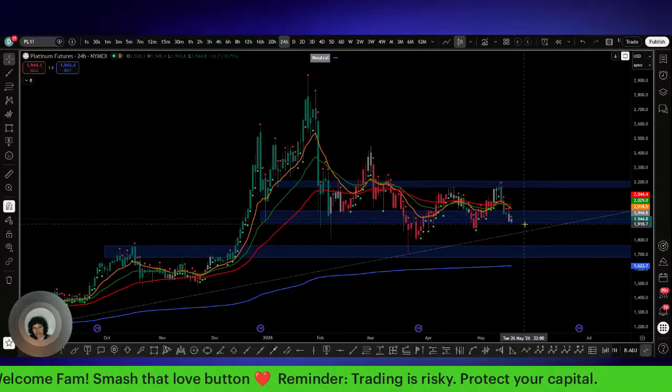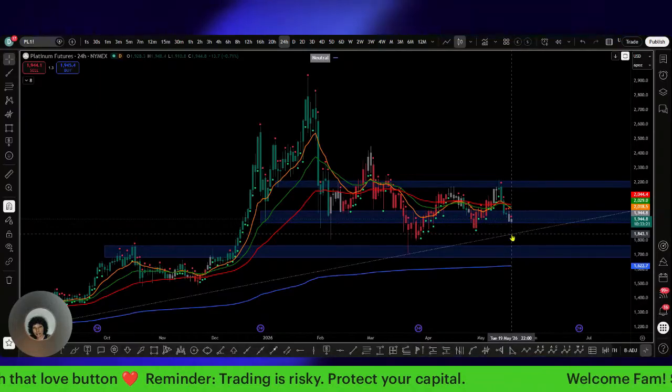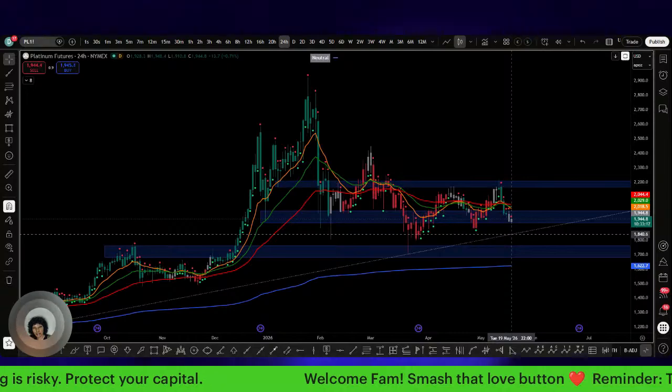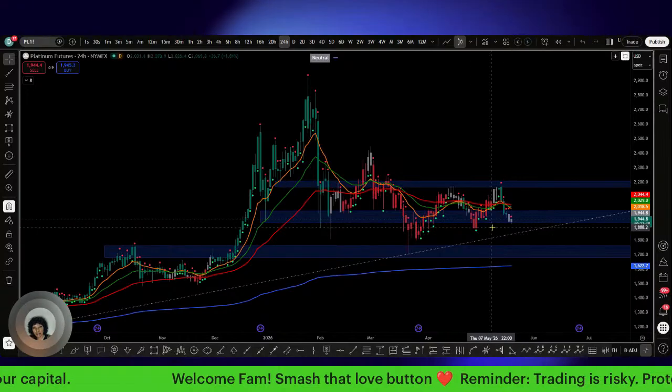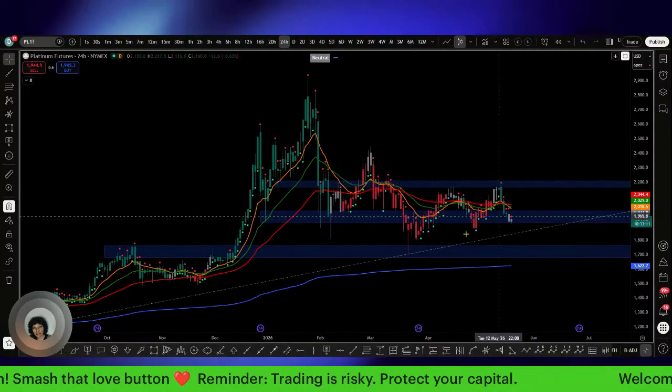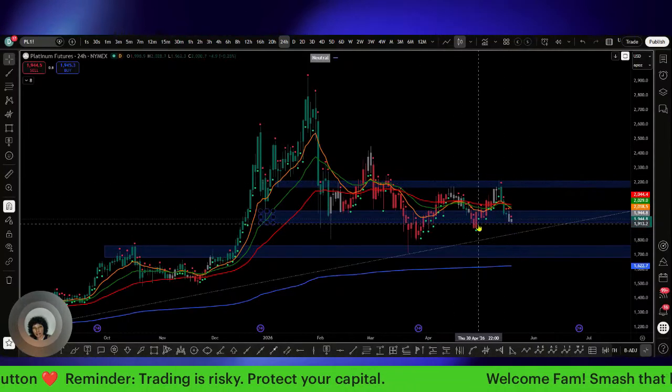At the lowest support right here, I still place my wager on something like this, but nonetheless, it's still higher highs, higher lows. A little higher high right there, only one, but still got the little higher lows right through here.